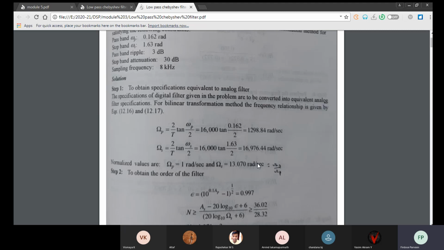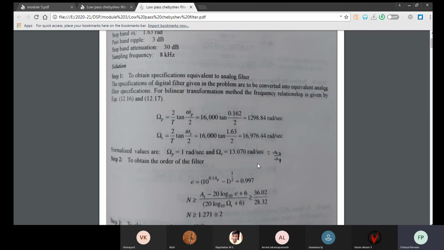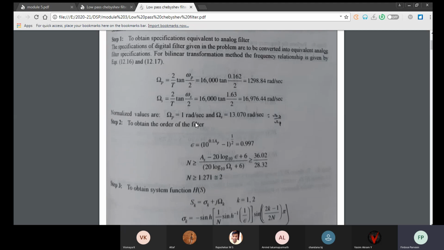The next step is to find the order of the filter. To find the order of the filter, the formula for n will change here. For a Chebyshev filter, n should be greater than or equal to the ratio of As minus 20 log 10 epsilon plus 6, divided by 20 log 10 omega s plus 6.